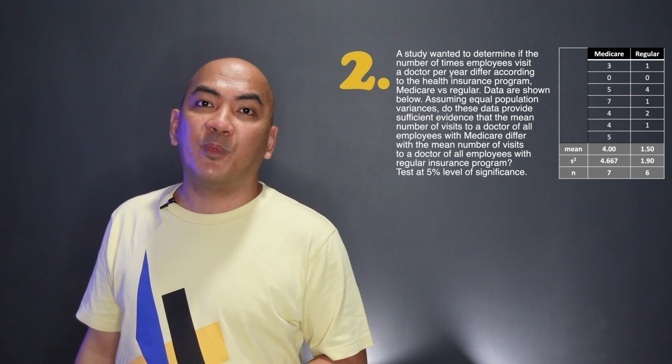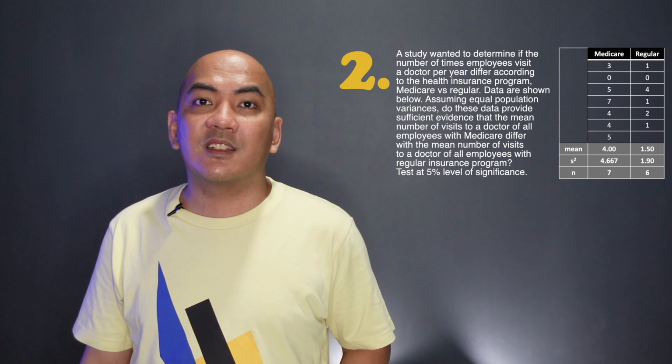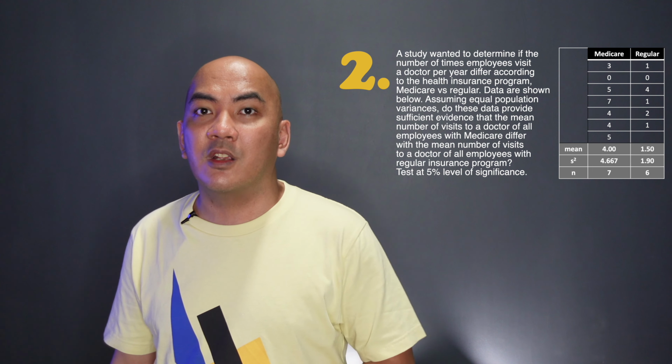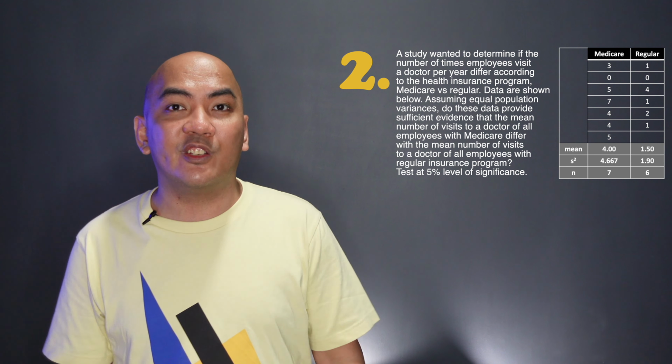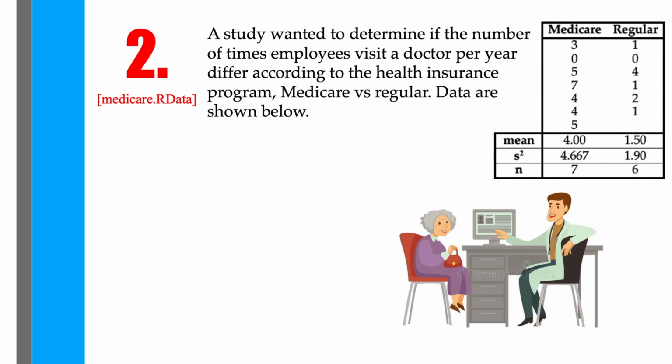As for the next example, we're going to make use of the same example as in the previous topic, wherein this is about the number of visits of employees in the Medicare and the regular insurance program. A study wanted to determine if the number of times employees visit a doctor per year differ according to the health insurance program, Medicare versus regular.